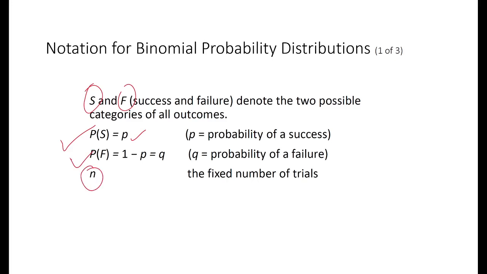One more time, S and F, success and failure, are the only two words we are using, but it depends on what you assume to be a success for your experiment. Your success could be my failure, or my failure could be your success. So it could be different for different experiments.